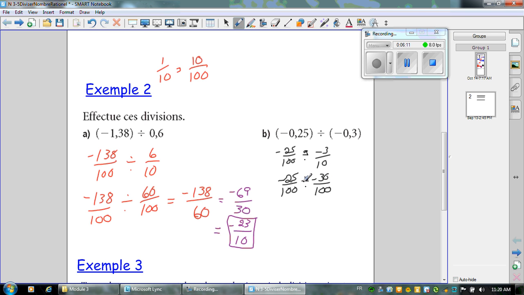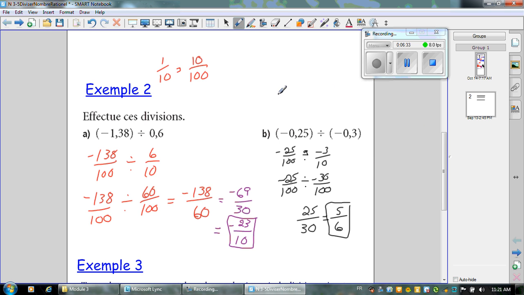Your answer would be negative 25 over negative 30. Two negatives is going to be a positive, so 25 over 30. You can simplify this: 5 goes into both numbers, it's a common factor. 5 goes into 25 five times, and 5 goes into 30 six times, so that's your answer, 5 over 6.